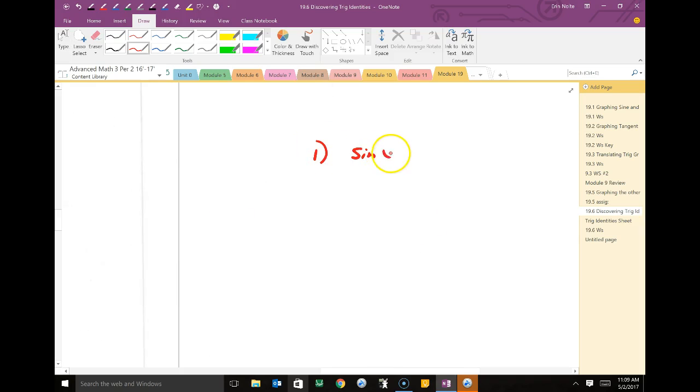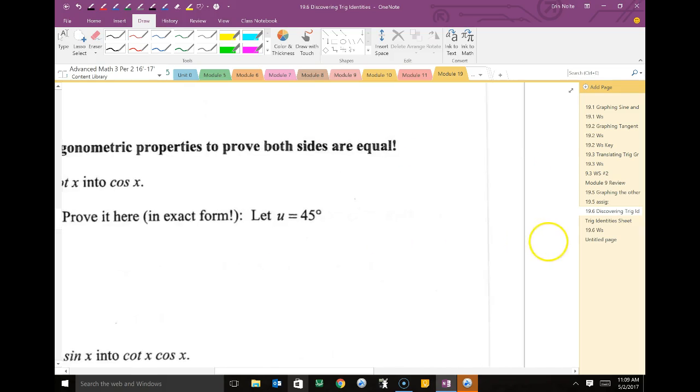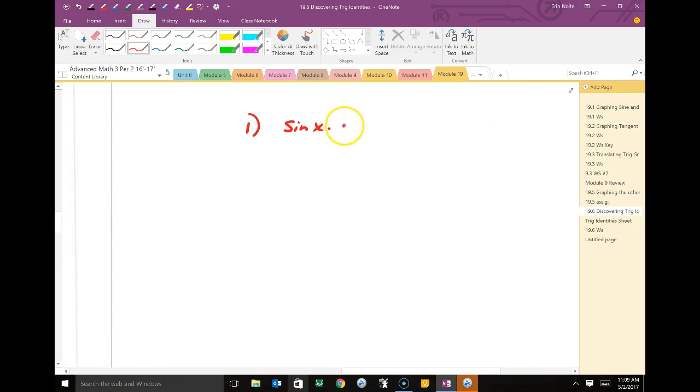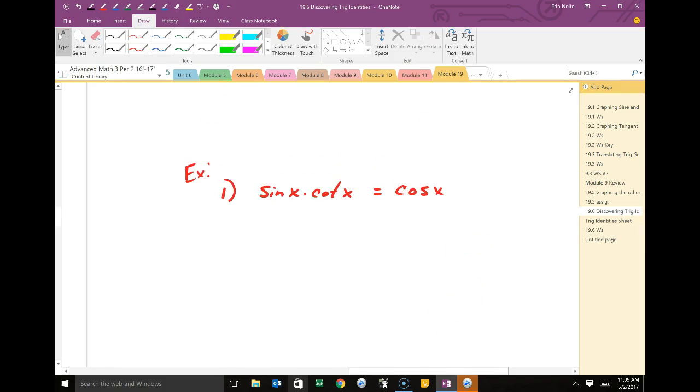The sine of x times cotangent. This is an example of what you're doing. I'm going to prove to you, using some of the identities, that the sine times the cotangent is exactly the same as the cosine.